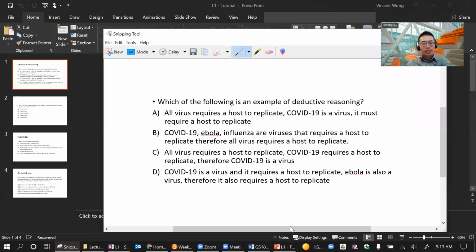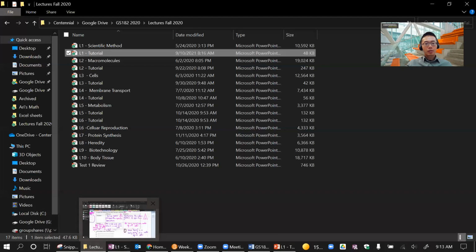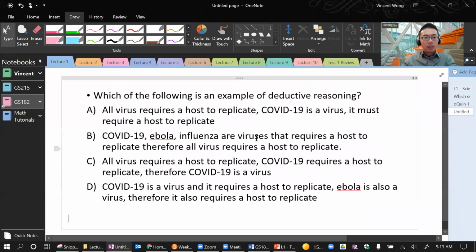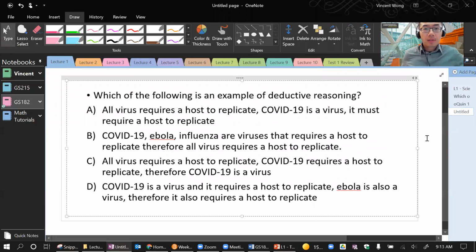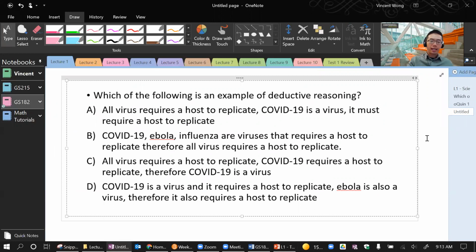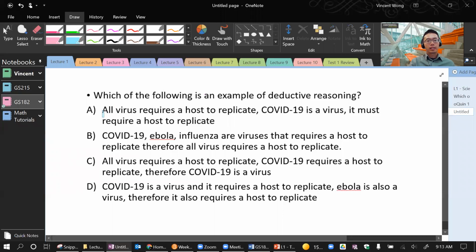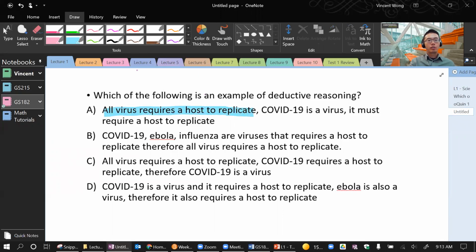So here, let's take a look. We have a three-way split between A, B, and C. So let's take a look at this question. Deductive reasoning, right? So what is deductive? A general statement, and then we apply it to specific cases. So the first one: all viruses require a host to replicate. That is a general statement.